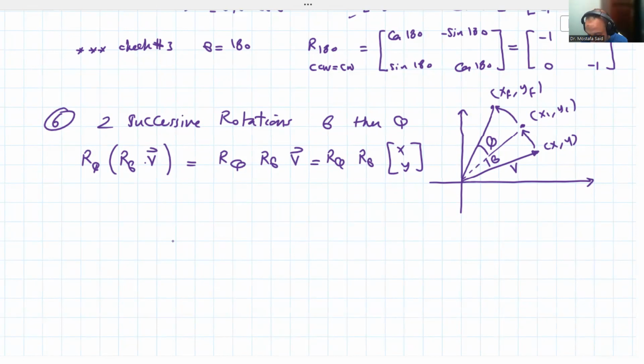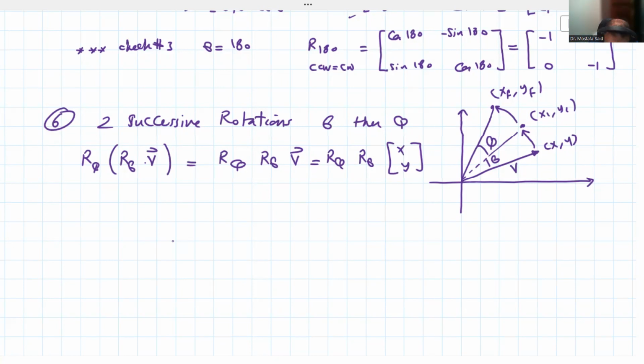But remember, if you rotate a vector with two angles, you can just make it in one step, right? With theta and phi. So rotating with theta, then phi, is actually rotating it in just one step with the angle equal to theta plus phi.